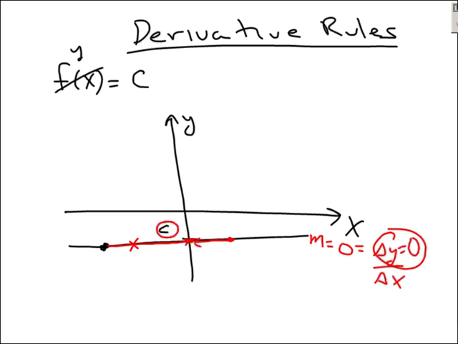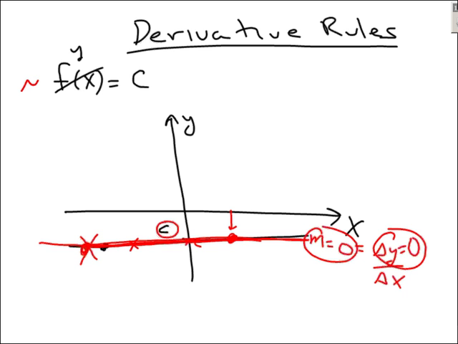If you take any point, say this point right here, the tangent line at this point is the line itself. If you were to take this point right here, the tangent line at that point would be this line, and the slope is 0.